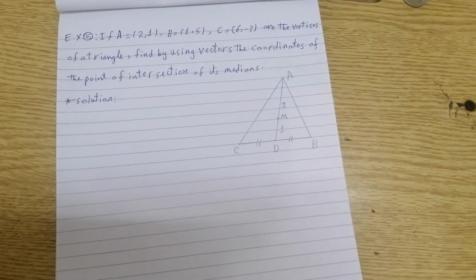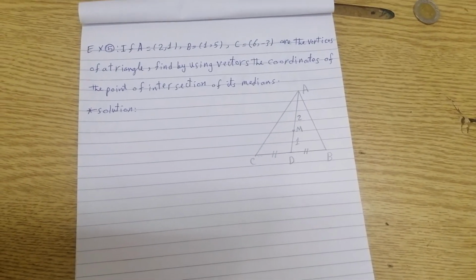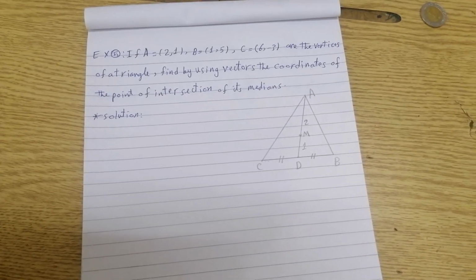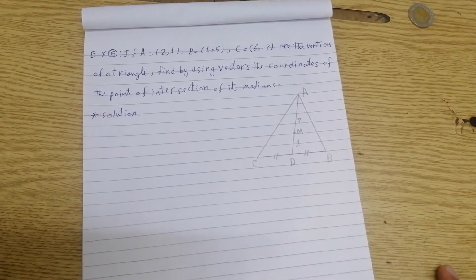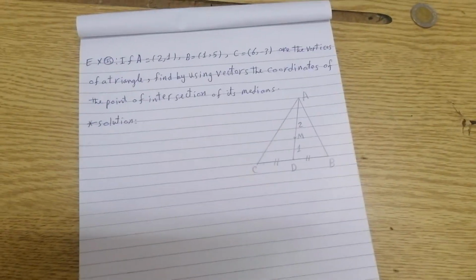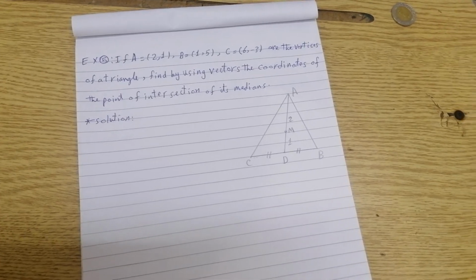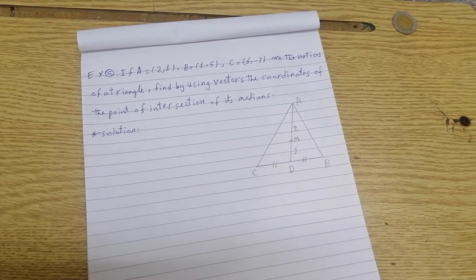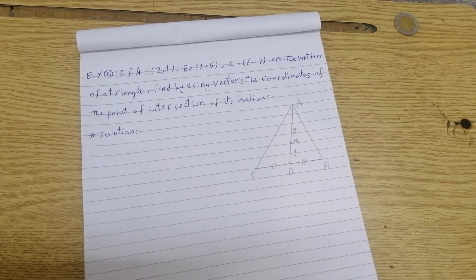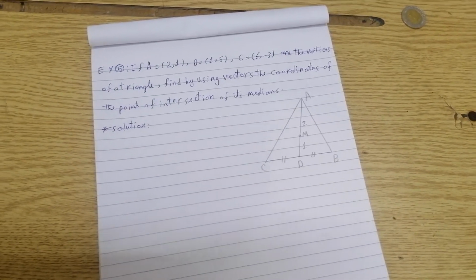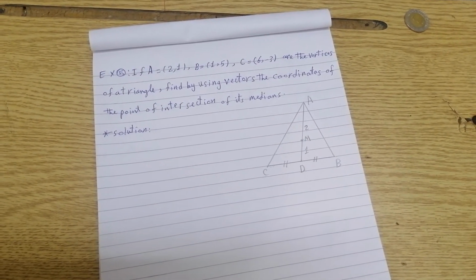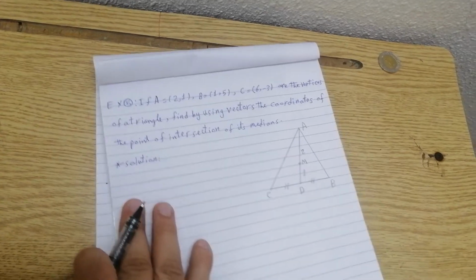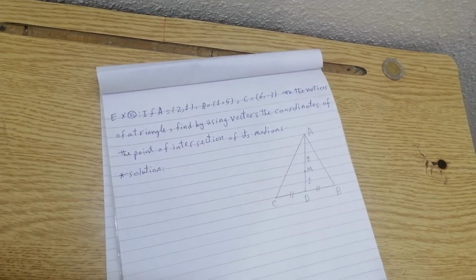We have drawn here the triangle ABC in the general case, and also a midpoint of BC at D, and the point of intersection of the medians of the triangle is M. And we have a rule that states that this point divides each median into two parts by the ratio 2 to 1 from the vertex, or 1 to 2 from the base. So we can use these definitions.